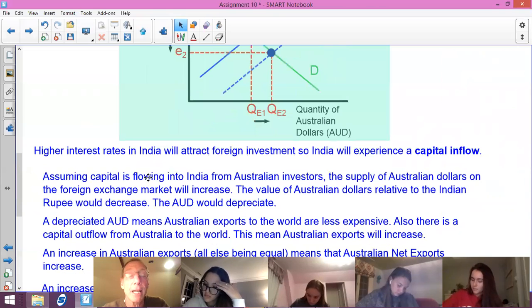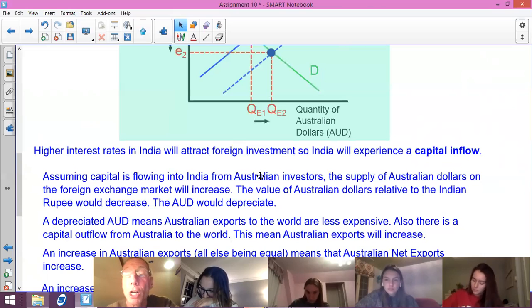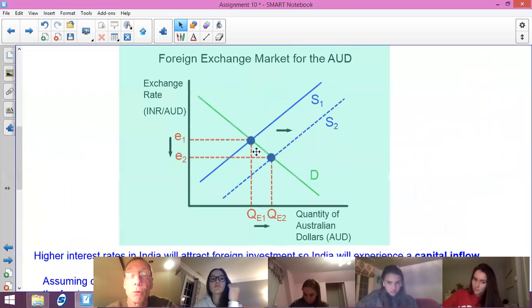If Australians are using their dollars to invest into India, they're going to have to exchange their Australian dollars for Indian rupees. So the supply of Australian dollars on the foreign exchange is going to shift to the right.